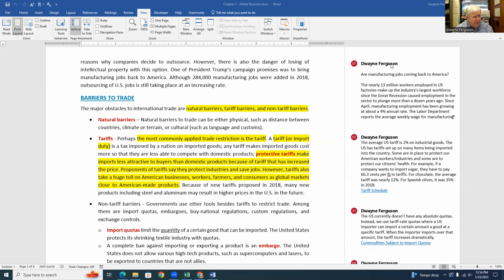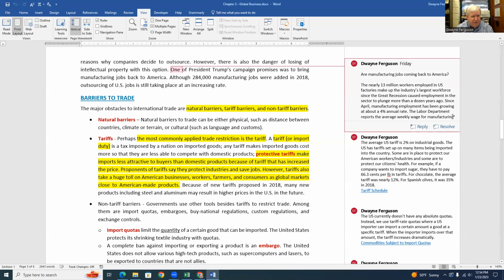Okay, so up here I gave you some information on that. Nearly 13 million workers employed in the U.S. factories make up the industry's largest workforce since the Great Recession caused the employment sector to plunge more than a dozen years ago. Since April, manufacturing employment has been growing about 4% annually.